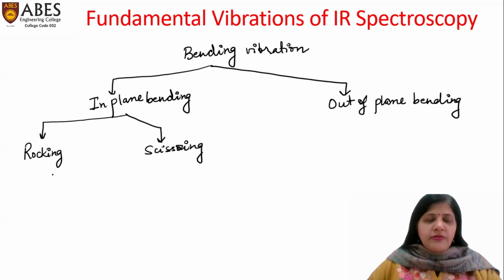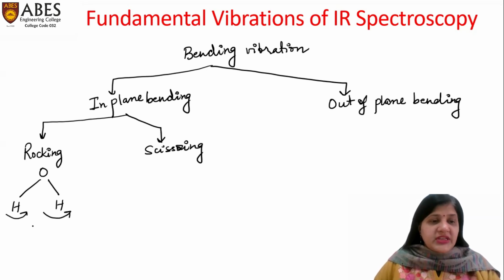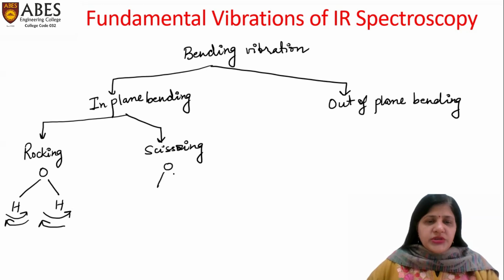I'll take the example of the water molecule. During rocking, both bonds move in the same direction, vibrating in the same plane. In scissoring vibration, it is again vibrating in the same plane, but just like the two blades of a scissor, both bonds vibrate opposite to each other.